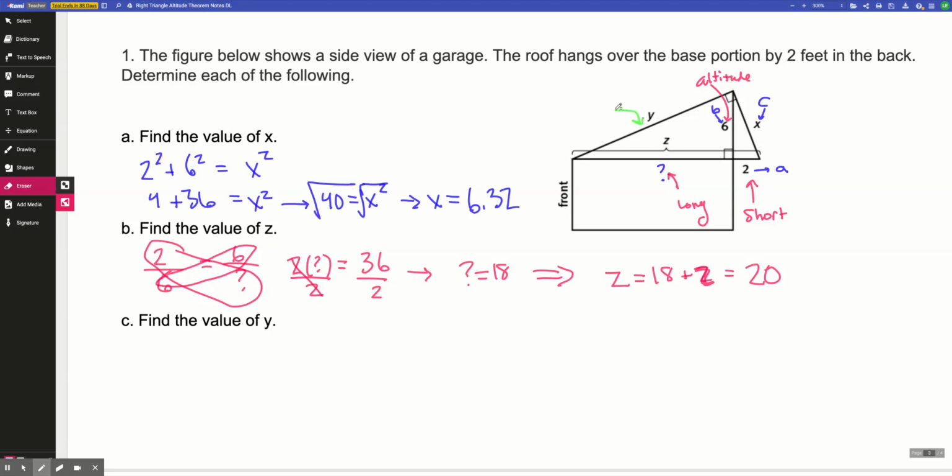So Y here is my leg, my hypotenuse is Z, and the adjacent segment is my question mark value. So it's hypotenuse, which is 20, over leg, which is Y, that's what I don't know, equals leg, Y, divided by the adjacent segment, which was 18.